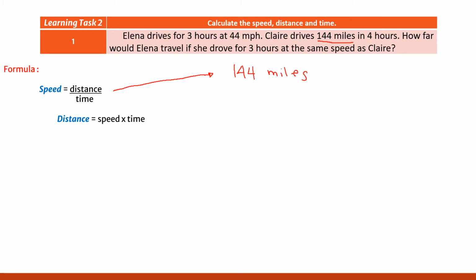Okay? And then in 4 hours, so over time, so we have here over 4 hours. Okay? So, sabi natin, 144 miles in 4 hours ay i-divide natin.